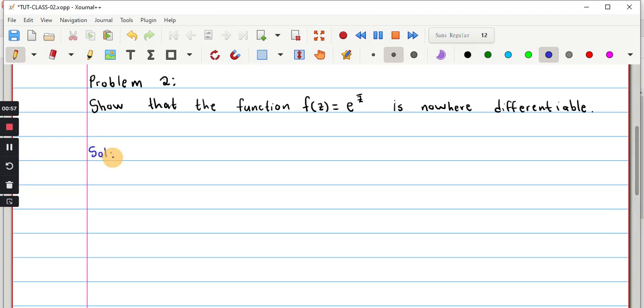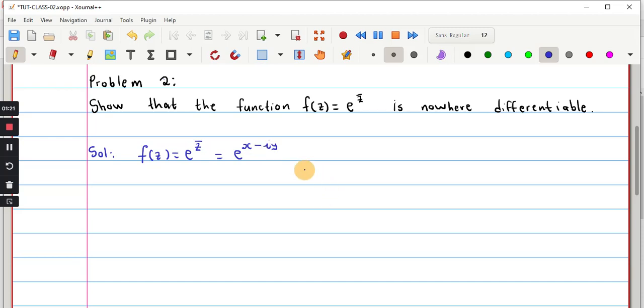For our solution, we start by realizing that if we have f at z equal to e to exponent z bar, that is the same as e to exponent x minus iy, because that's what z bar is in terms of x and y.